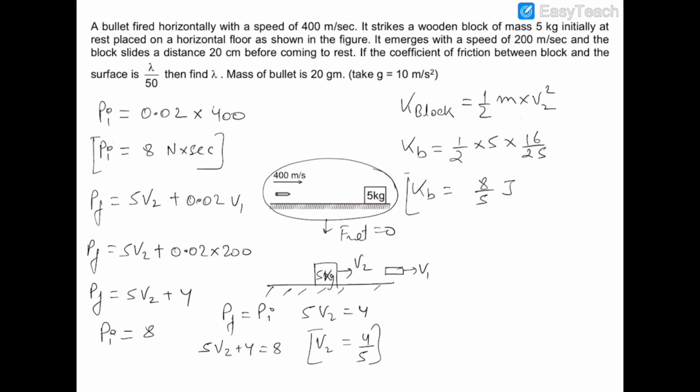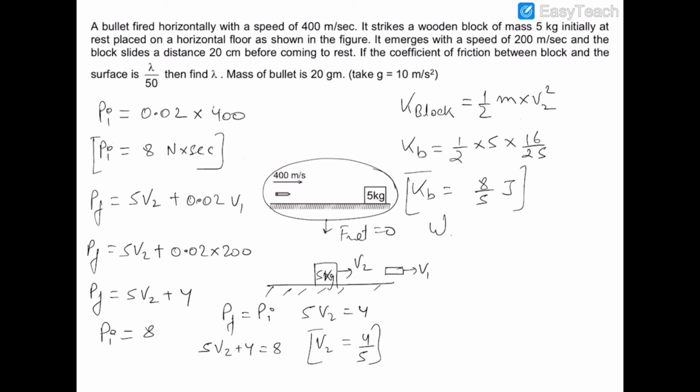Okay, now the block will be facing the friction, and hence some loss of energy will be occurring in the work done against friction, and when the block will come to complete rest, then at that point of time the complete kinetic energy of the block will be lost in the form of work done against friction, or we can say the heat generated.